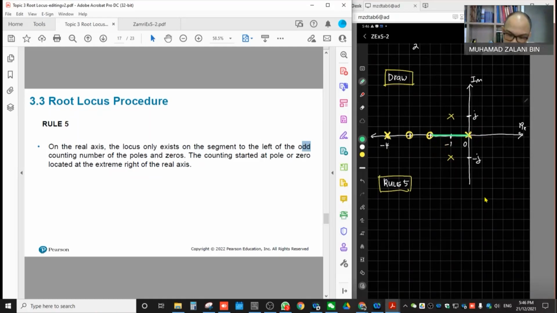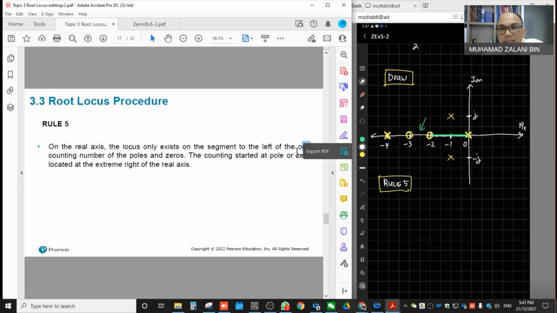How about this area, in between -2 and -3? We count how many poles and zeros. We have one zero and one pole on the real axis, so we have 2. We count 2, meaning that it is even.